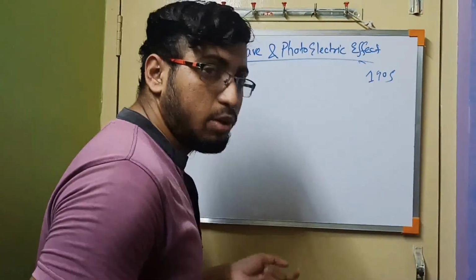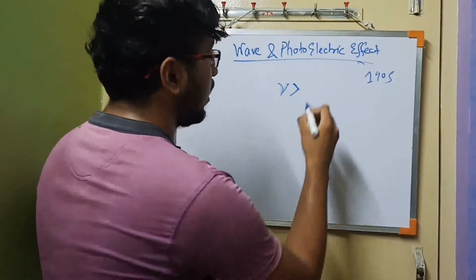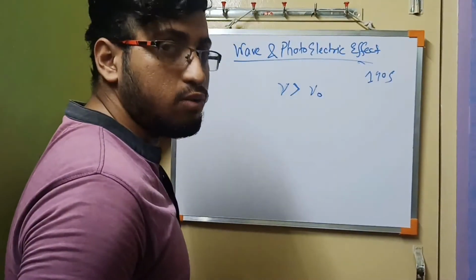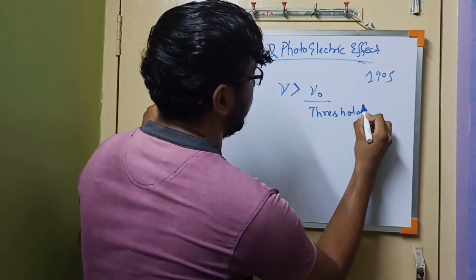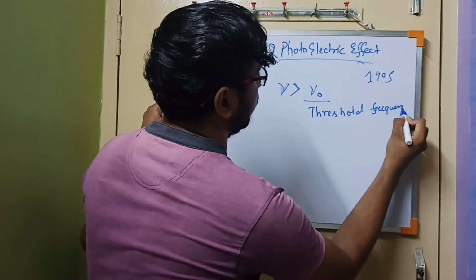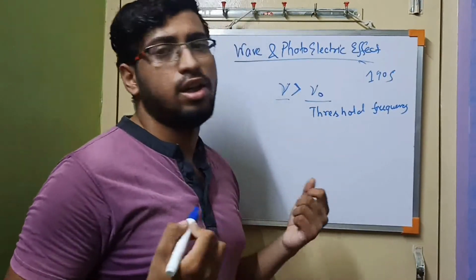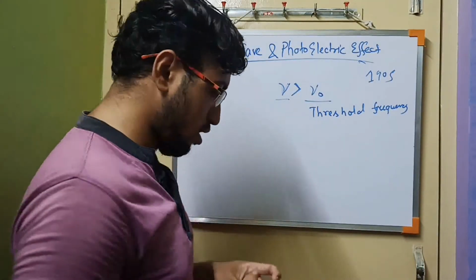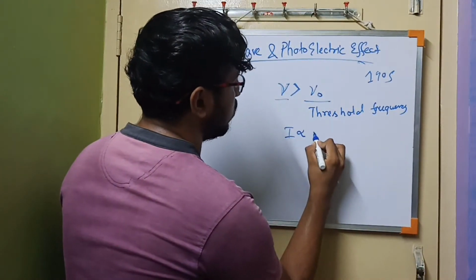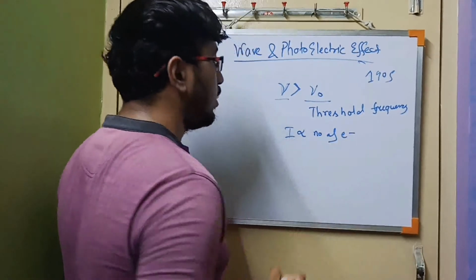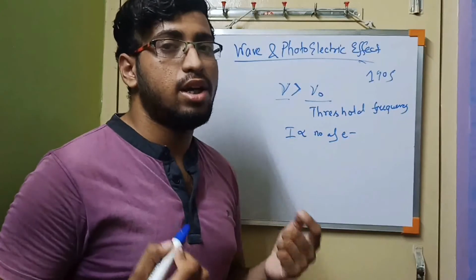The frequency has to be greater than the critical frequency of the metal, that is the threshold frequency. If the frequency of the incident radiation is greater than the threshold frequency, the metal will emit electrons.